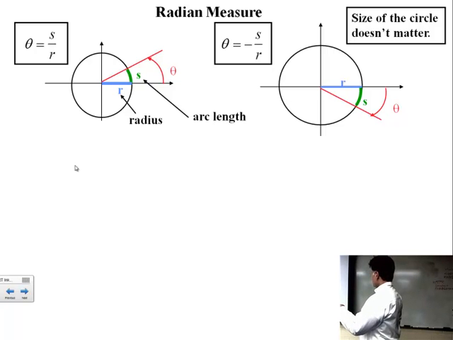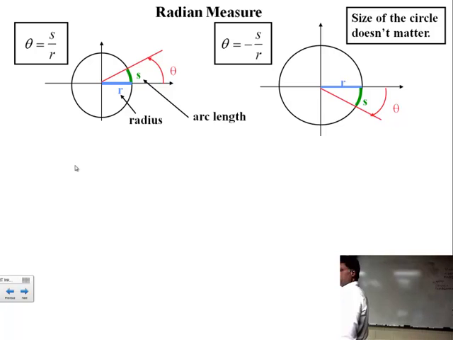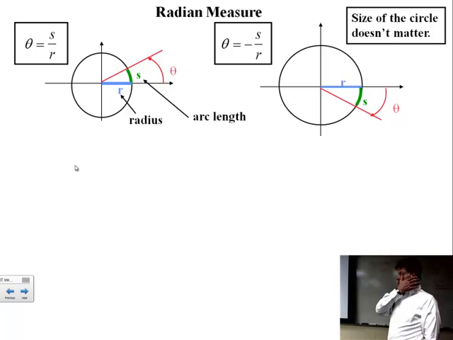This angle will be negative. Again, both S and R are positive quantities. So S is not signed. It's not negative if we go in one direction. It's independent of direction. It's just a length. S is always positive. The same with R. So if we go clockwise, we have to put a minus sign there. Okay. All right.